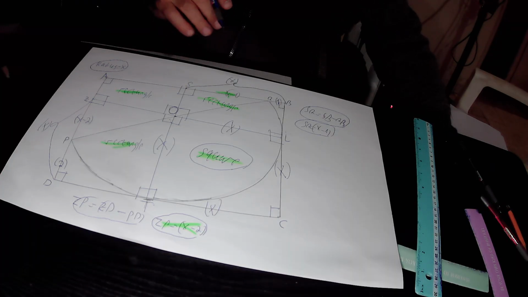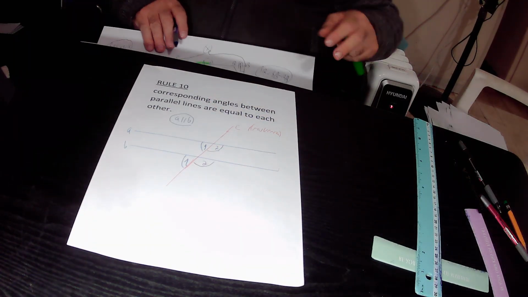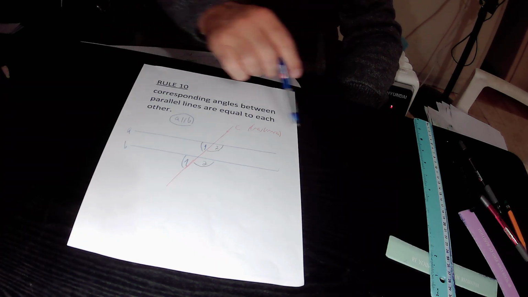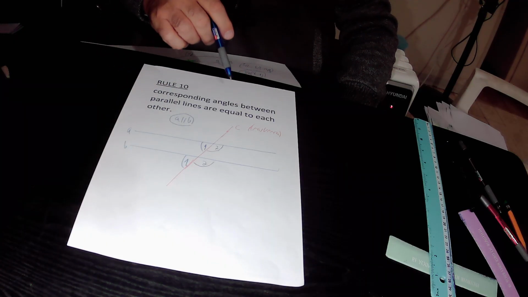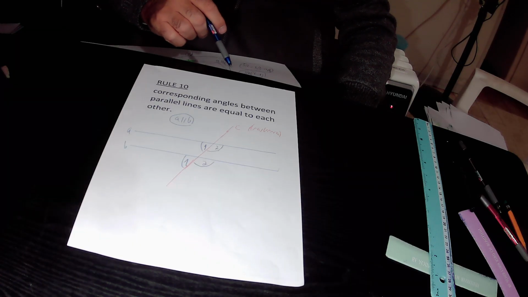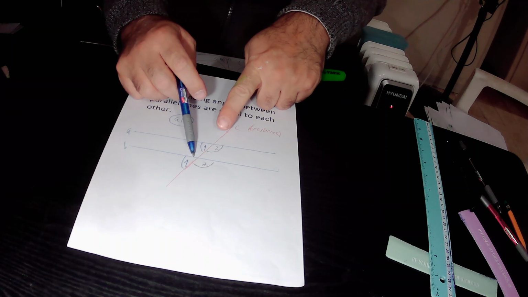Complete quickly rule 10. According to rule 10, corresponding angles between parallel lines are equal to each other. So in the drawing we have line A that is parallel to line B. The red line C is a transversal. That is to say, it cuts those two parallels A and B at those 2 points.